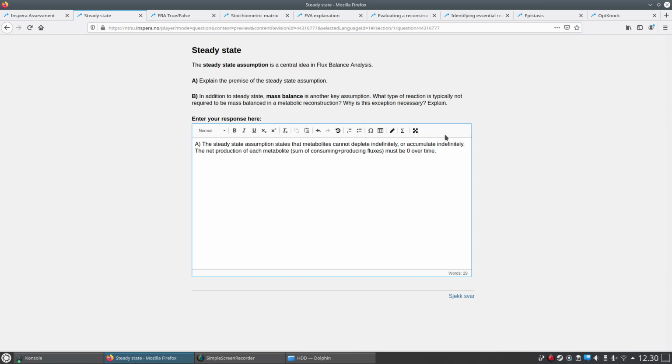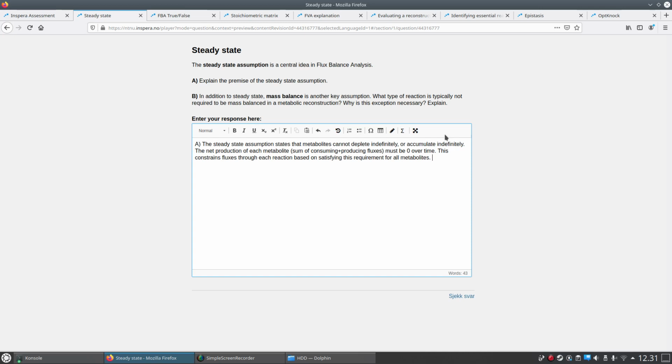And that, of course, will put constraints on the fluxes. It constrains fluxes through each reaction based on satisfying this requirement for all metabolites. That is the base premise of the steady state assumption.